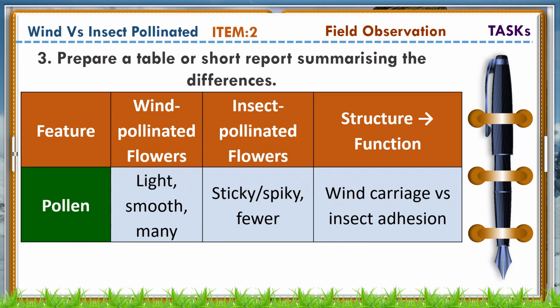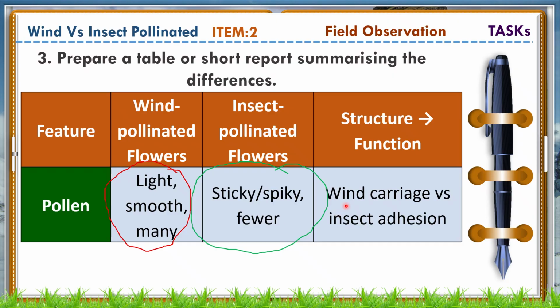Pollen. When you look at the pollen for the wind-pollinated flower, pollen grains are light, smooth, and produced in large quantity. And when you look at the insect-pollinated flower pollen grains, these ones are sticky with spikes and produced in fewer quantity.